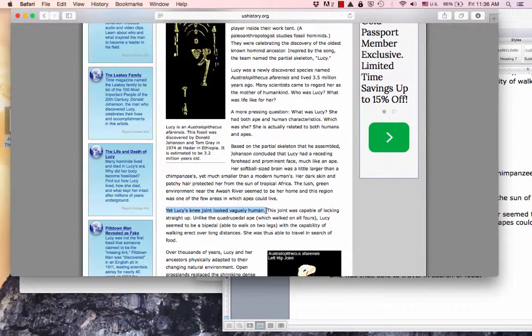Let me go back. So we look at this and we say, well, what was the primary expectation or concept that was being argued beforehand that this is now contradicting? Okay, so the idea here is that the paragraph beforehand says ape-like, and then we have this contradicting statement that says human. All right.